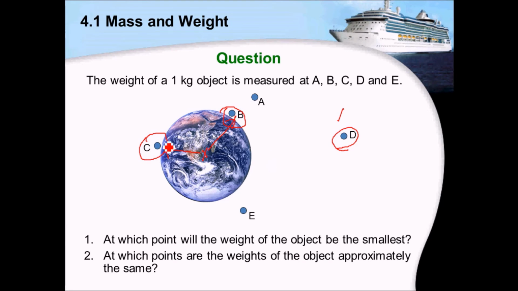The other pair is E and A. If you measure again, you realize that they are also at the same distance from the center of Earth. So B equals C and A equals E. These are two sets. Let's move on.